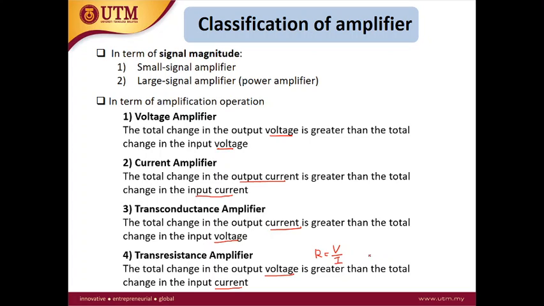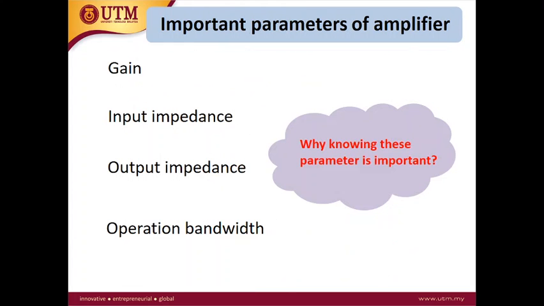And for the transresistance amplifier, let's say I put this as A_R, the gain is output over input: output is voltage, input is current. So you see the relationship between voltage and current is the same. Same goes to the transconductance. Conductance is the inverse of resistance, so this is I over V. So A, let's say I put this A_G, the conductance is I over V. So this is how you can remember the relationship between the gain and the input and output.